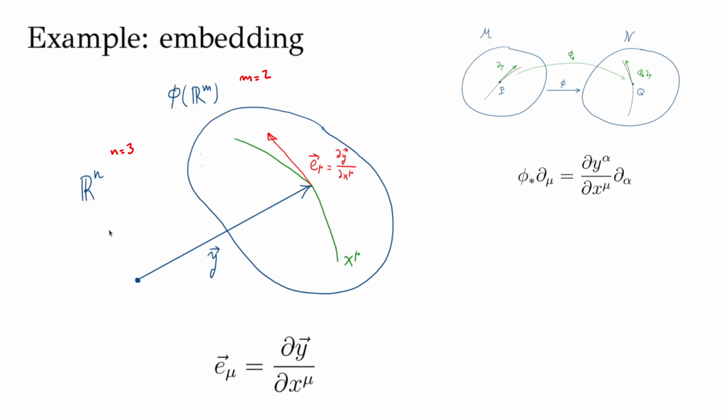And since in R3 we can use the Cartesian system and have Cartesian coordinates, which we denote by the vector y, each point here of the surface will be a function of the coordinates x mu of the surface. Then it's easy to see from this relation here that the components of the coordinate vectors in R3 are given by the derivatives of those functions dy over dx mu.